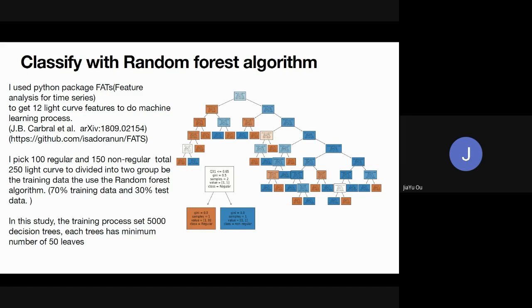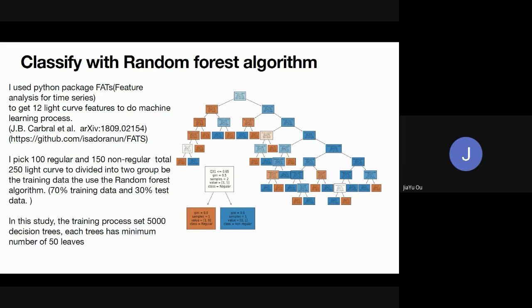In deep learning this is like a tensor. So I use the feature analysis for time series package to turn my light curve into 12 light curve features, and input these features into the random forest algorithm, and you can use this algorithm to classify.